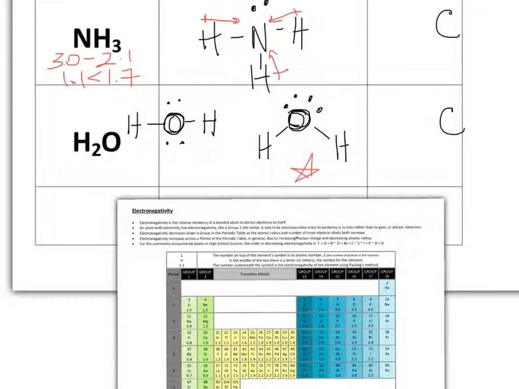So oxygen is 3.5 and hydrogen is 2.1. And so there is a difference of 1.4, correct? Maybe my math is not correct, but I think it is. And that is less than 1.7.